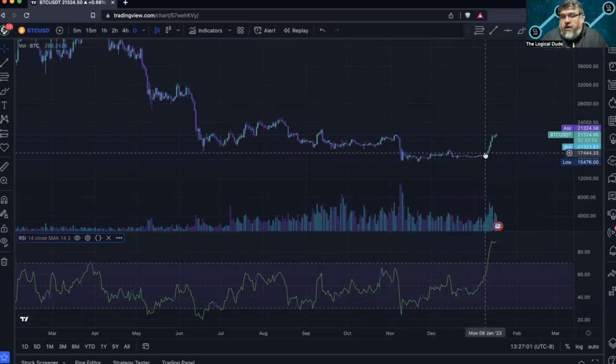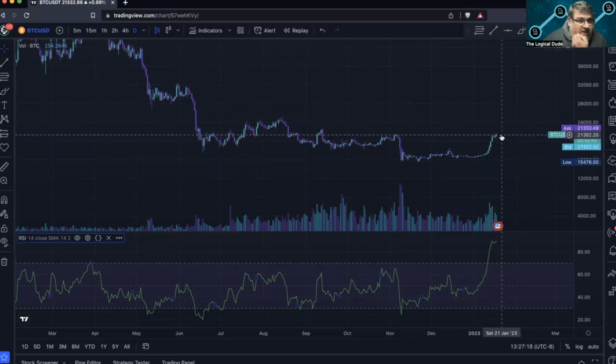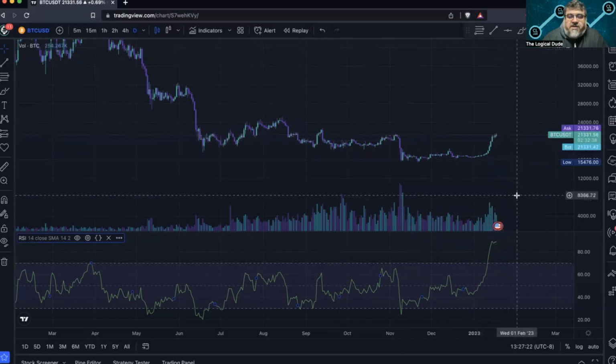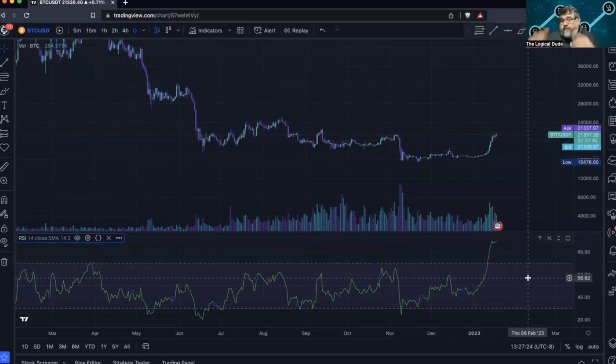They ran out of assets to buy down here, so now they're going to start running the price up to where people have sell orders. As they're going, people are selling at these higher prices. Now that we've gotten up here to these higher prices, there's nobody left to buy. So that's when we're going to come back down.